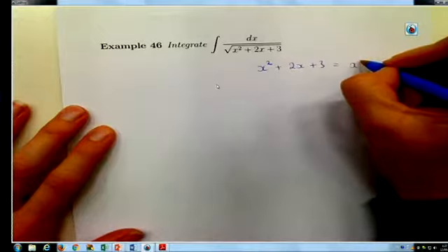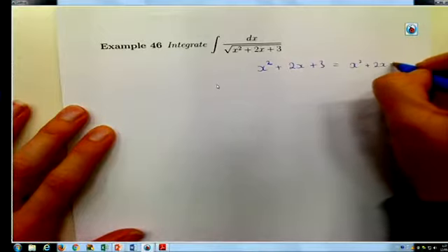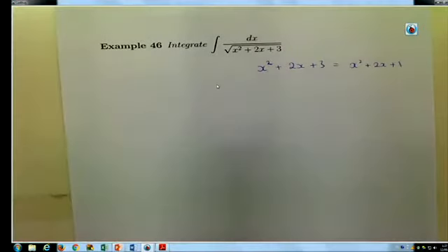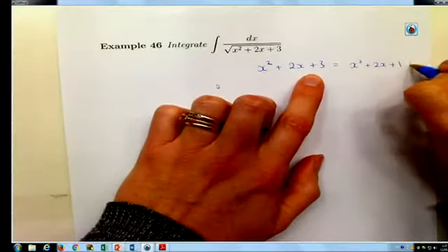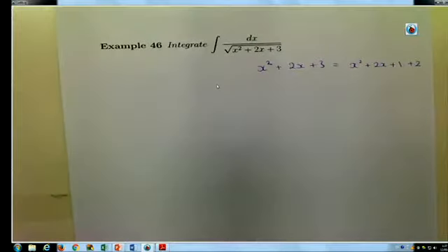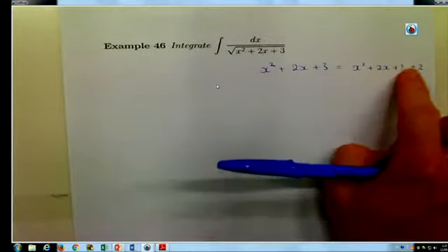So if I want to turn it into a perfect square, x squared plus 2x plus 1, that's a perfect square. Plus 2. I can't change the question though, so I have to make sure both sides are the same, and I can do that by putting a plus 2 there. Okay, because now altogether I've got a plus 3.